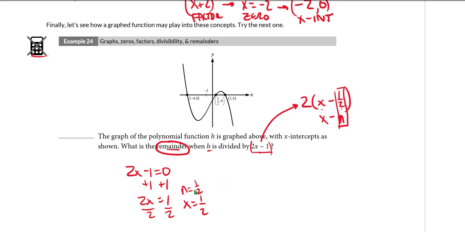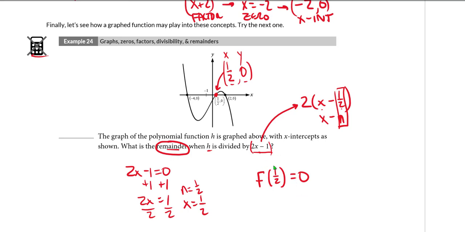I'm going to look at the graph and I'm going to see that when x, or our n value, is 1/2, in other words, when 1/2 goes into the function, that's an x value, what comes out is 0. And we need to understand that when it comes to graphs and function notation, writing the ordered pair 1/2 comma 0, this pair of coordinates, is no different from writing this.